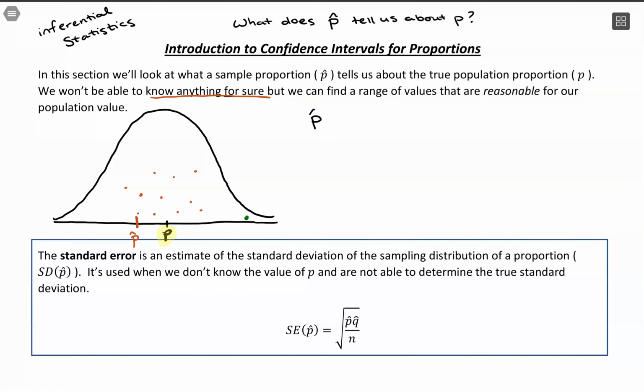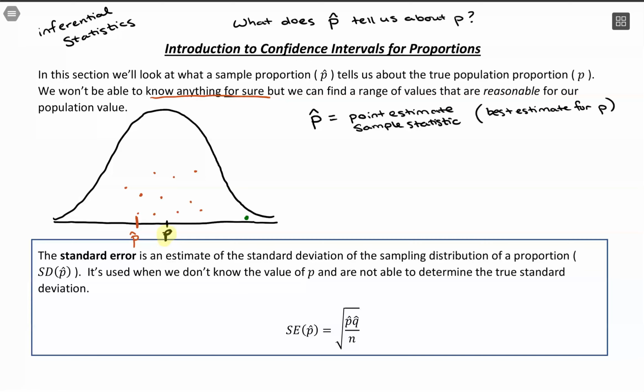So that sample proportion, we can call that the point estimate, also called our sample statistic, some terminology you'll see there. But the idea is that collecting that random sample and getting this value for a sample proportion, this is our best estimate for our population value.